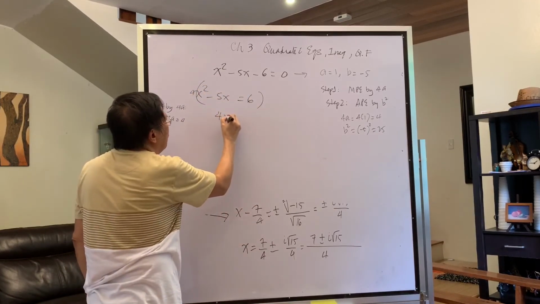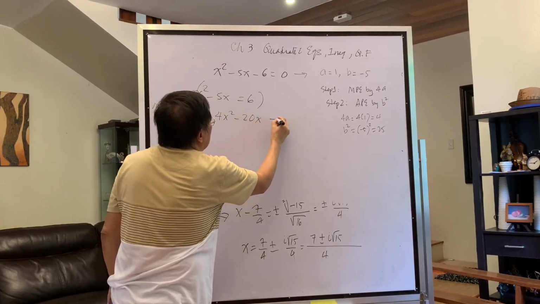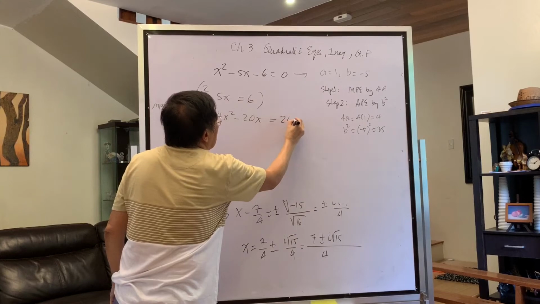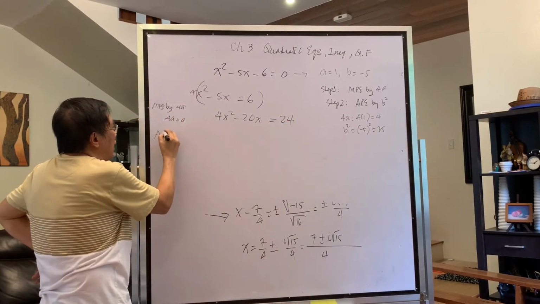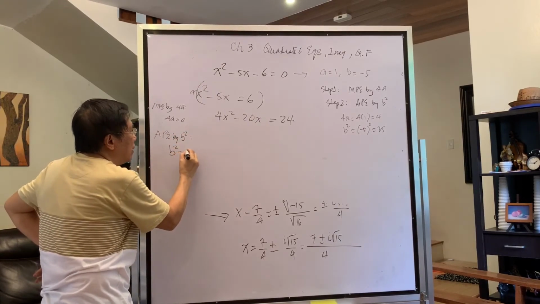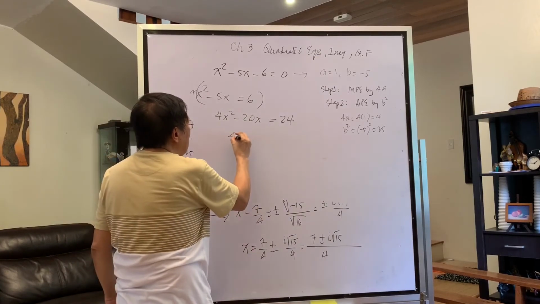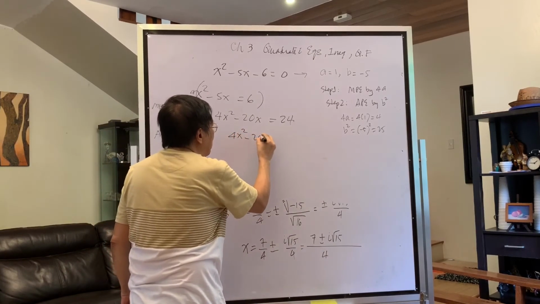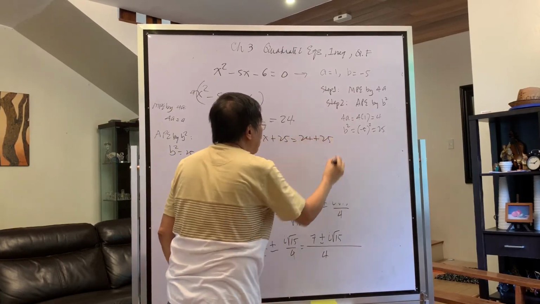And we get 4x squared minus 20x equals 4 times 6 is 24. And then the next step is APE by b squared. b squared here is actually 25 as we computed. So I will now say 4x squared minus 20x plus 25 equals 24 plus 25.